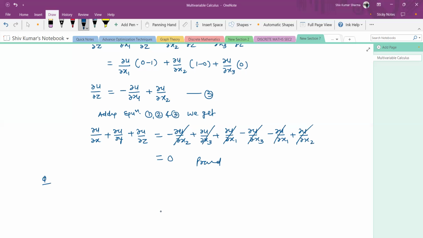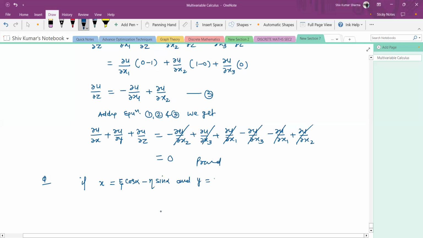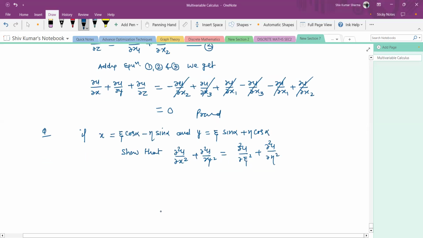Another question is given in this form: if x is equal to xi cos alpha minus eta sin alpha and y is equal to xi sin alpha plus eta cos alpha, then prove that del square u upon del x square plus del square u upon del y square is equal to del square u upon del xi square plus del square u upon del eta square. Okay, so we solve this question.